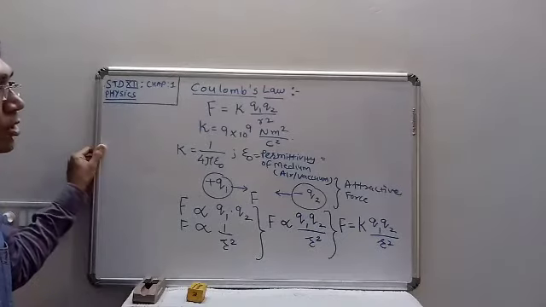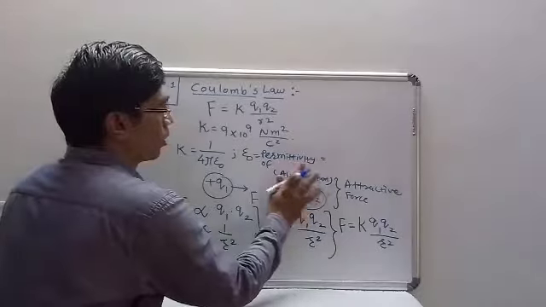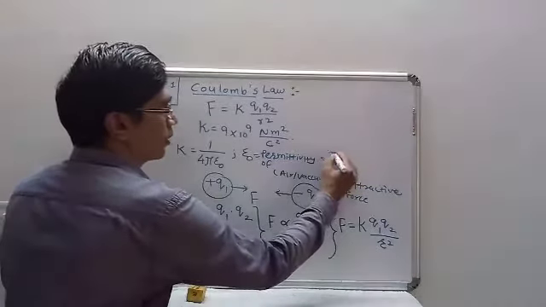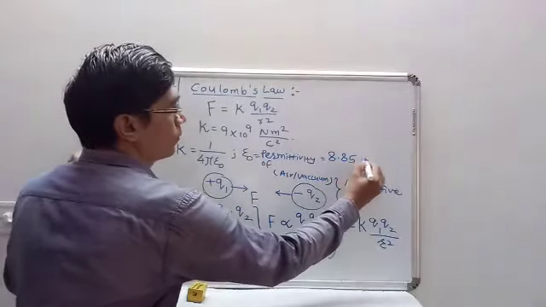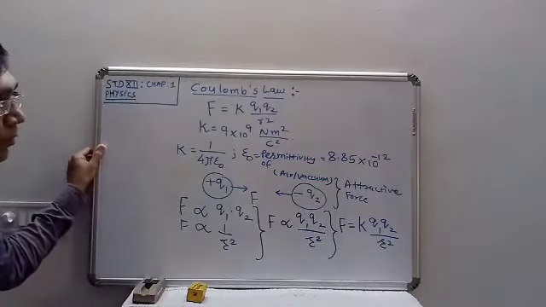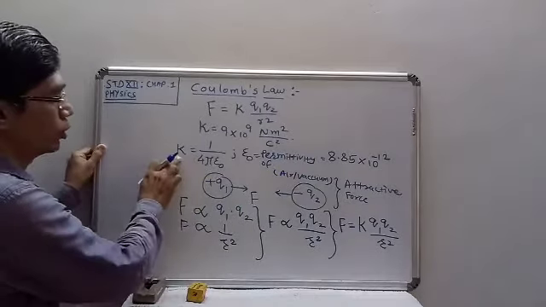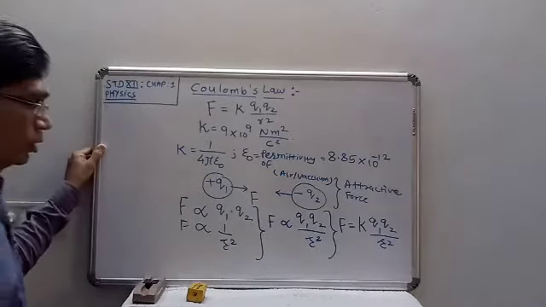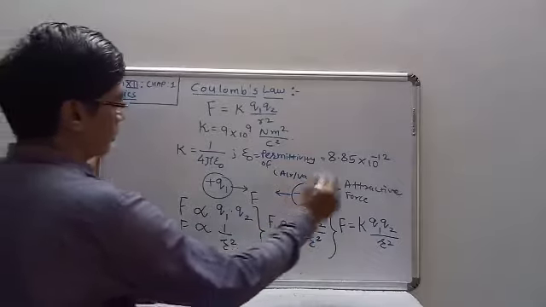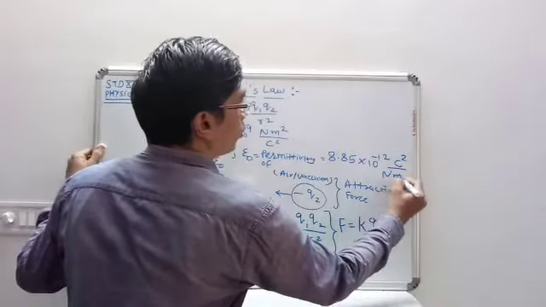So epsilon 0 is the permittivity of air or vacuum, and it is given by 8.85 into 10 raised to minus 12. The unit of epsilon 0 is the inverse of the unit of the proportionality constant k. So we can write it is Coulomb square upon Newton meter square.